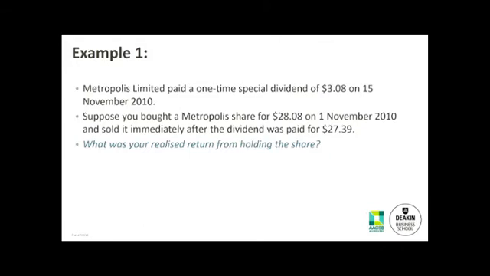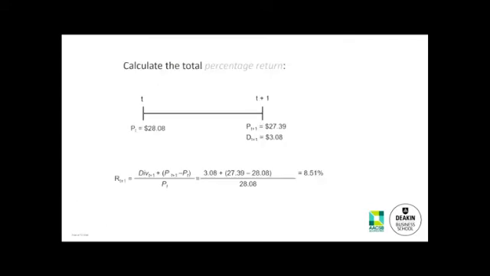So if you want to work out the total percentage return, R is equal to $3.08 dividends plus selling price minus purchasing price, divided by purchasing price, which will give you a percentage return of 8.51%. No problem. If you look at this question and calculation, as you can see, the capital gain is actually negative.